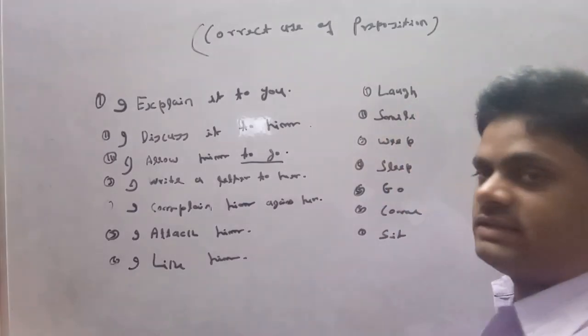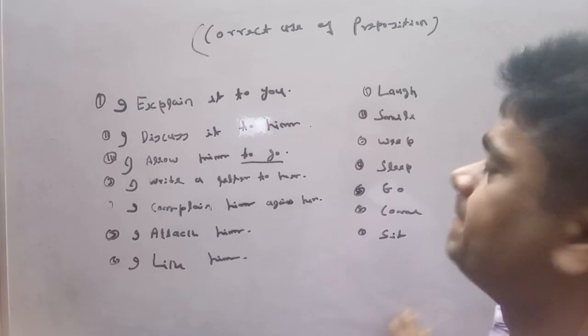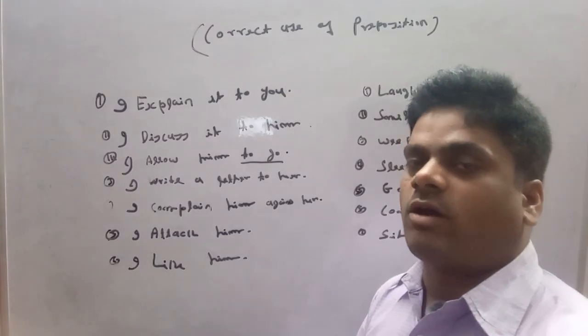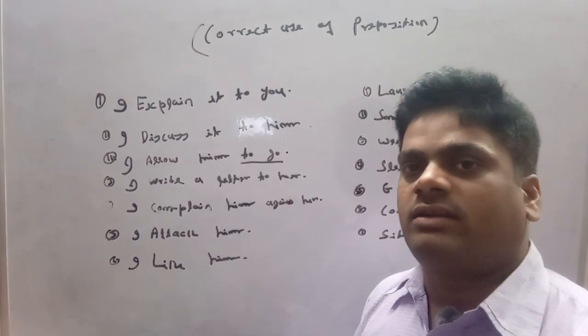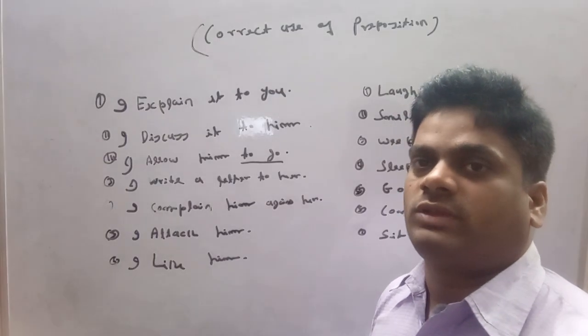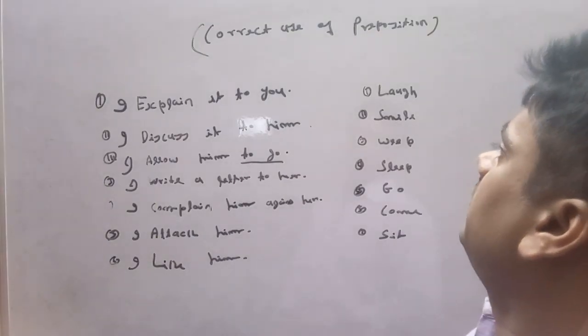But in the case of intransitive verbs, these verbs would not require an object in the sentence. These verbs would require a noun or a pronoun with the help of a preposition.